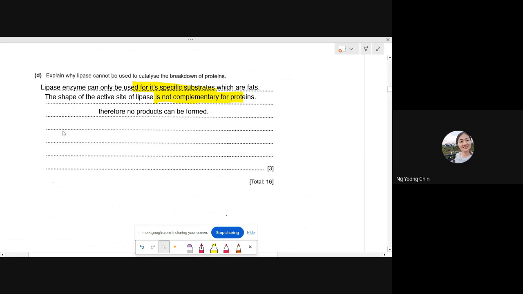You can say that, because you already said that lipase is not complementary to the protein, the proteins are unable to fit into the active site of the lipase. Whenever they are unable to fit, there will be no enzyme-substrate complex being produced.